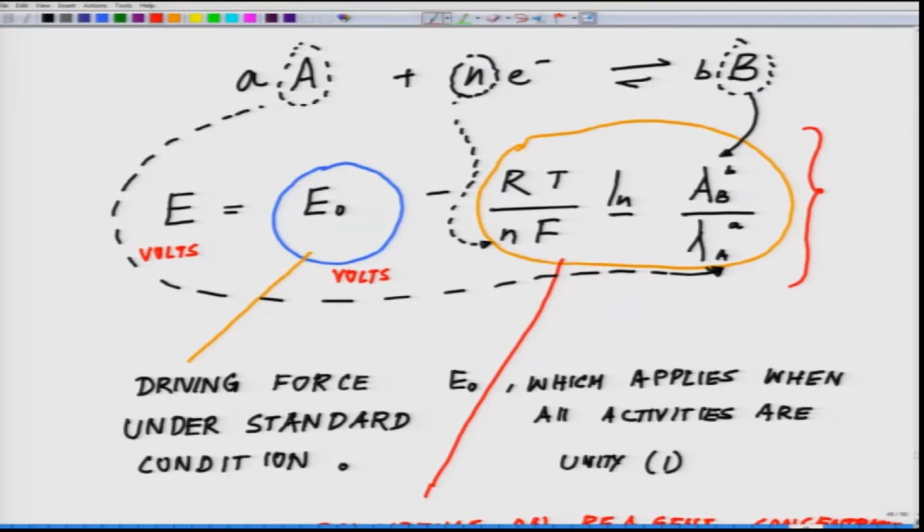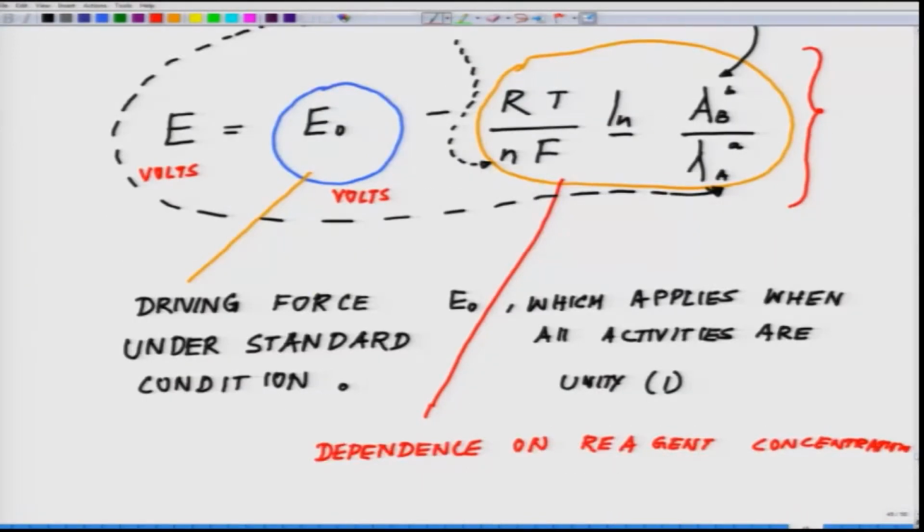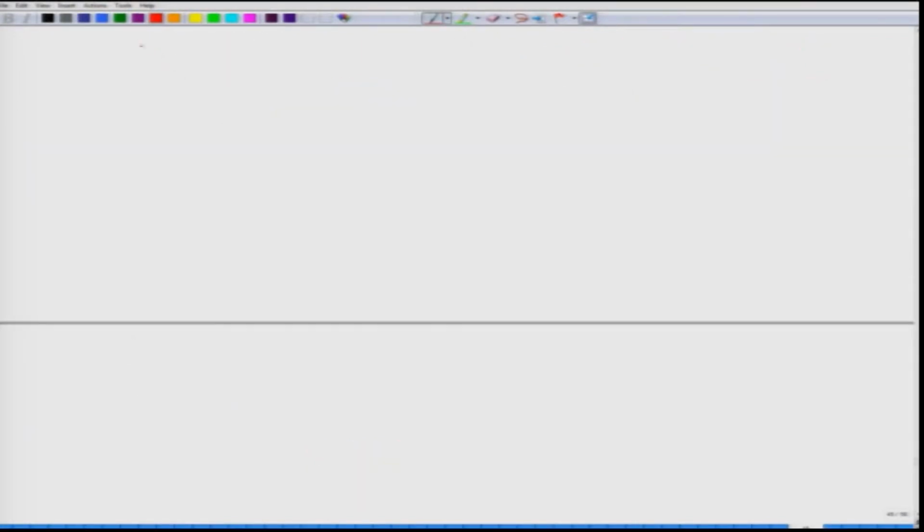Now, remember this term, now we are going to do a unit analysis of this particular term. This particular term, RT over nF natural log, could be further dealt with. Now, before I get into this term, let us put what stands for what.